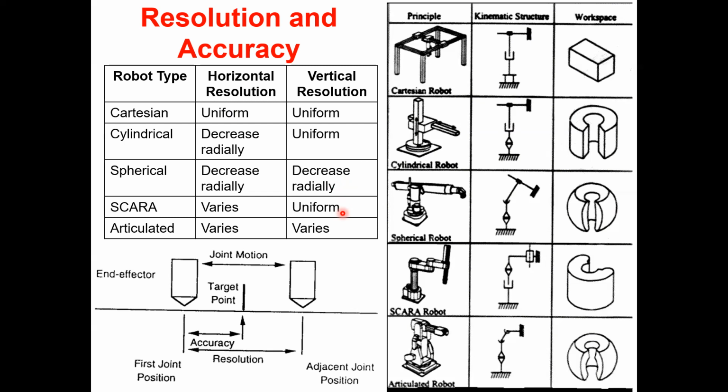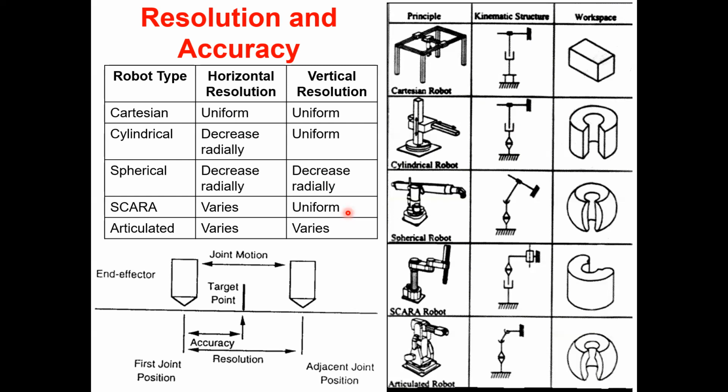The last joint is a vertical motion. The other two joints are vertical axes, so they are not going to contribute to vertical motion. The only actuator that contributes to vertical motion is the third joint. So that is a uniform resolution.